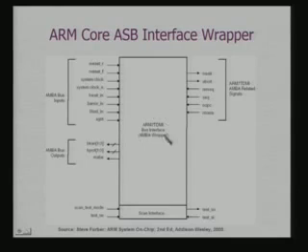Here is an example of what we call a bus interface, which is nothing but an AMBA wrapper. It is wrapping the basic CPU. What we are looking at is these AMBA bus inputs and these AMBA bus outputs, and this is primarily with relation to the ASB interface.